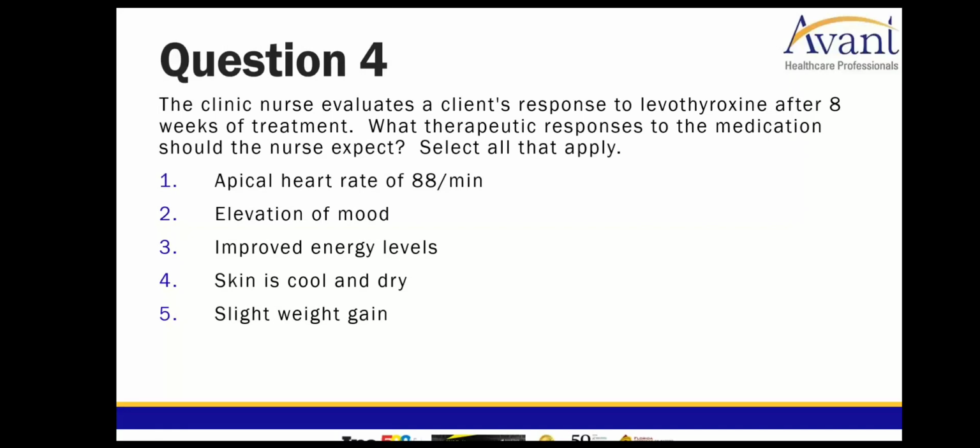Our answer choices: 1, apical heart rate of 88 per minute. 2, elevation of mood. 3, improved energy levels. 4, skin is cool and dry. And 5, slight weight gain. Once again, pause the video, take the time to review the question, use your 6 steps, evaluate each answer, and then resume the video.